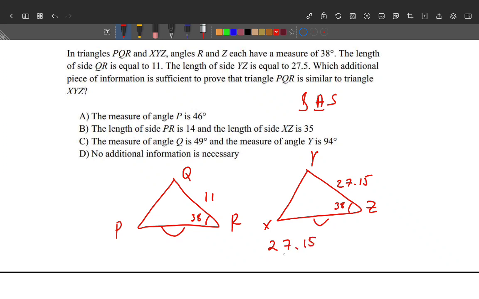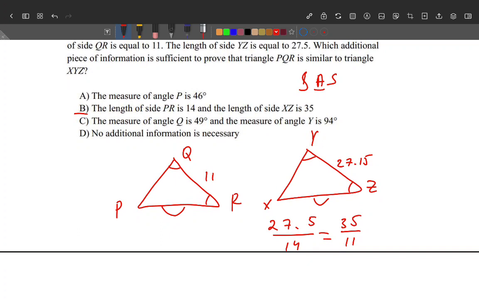28 divided by this number should be, if you check B, 35 divided by 14. You can check it, it's true. Because of this the answer is correct.